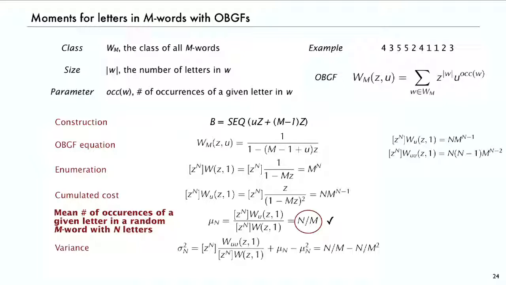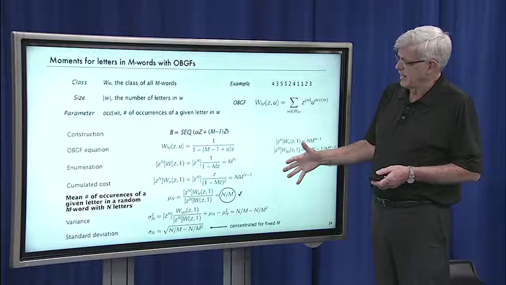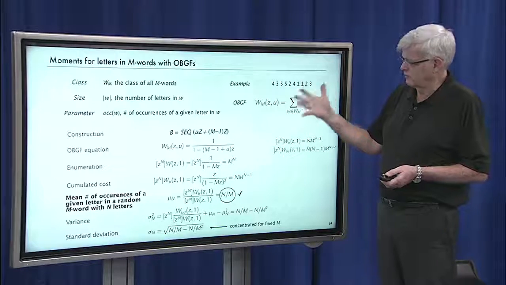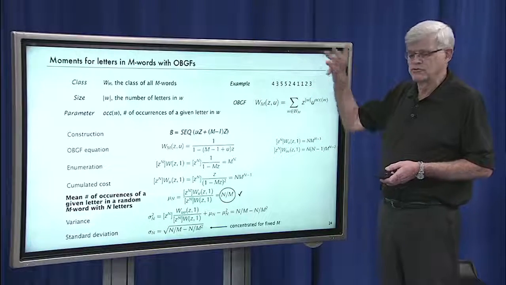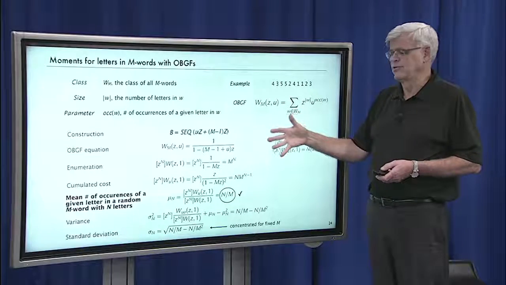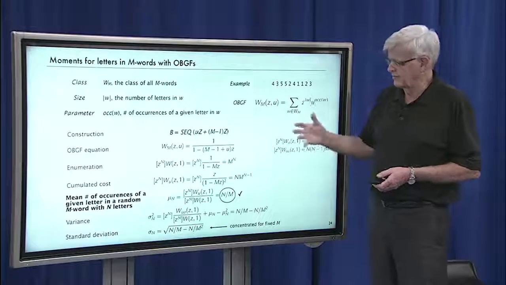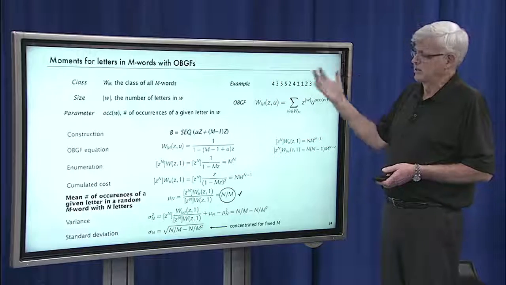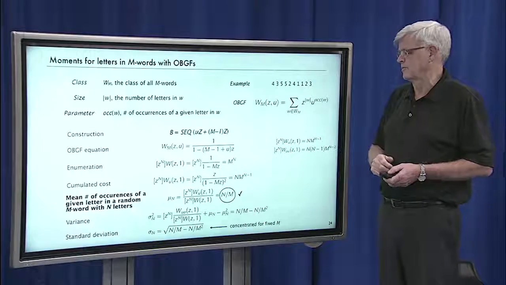And the square root of that then is proportional to the square root of n, so it's concentrated. And that's a direct analysis using the symbolic method, followed by calculations using partial derivatives, the basic method that we're going to use to evaluate parameters.